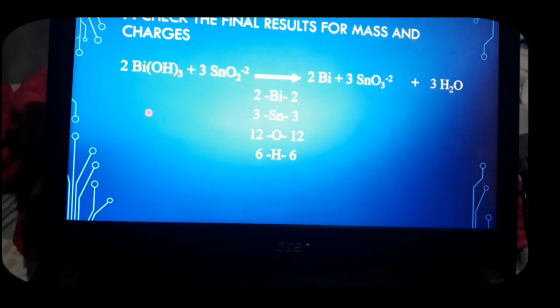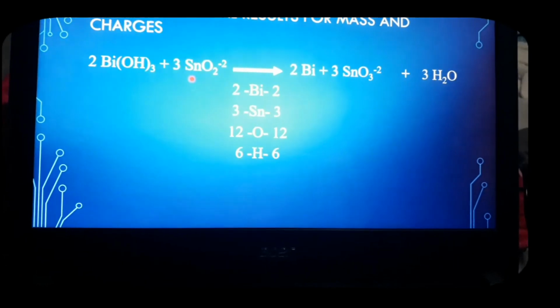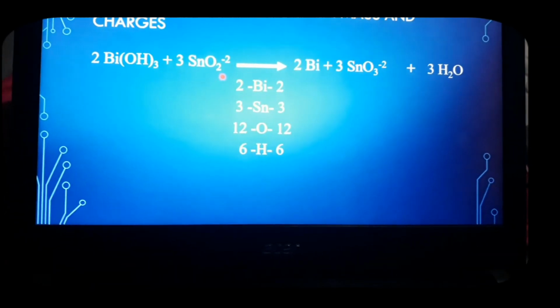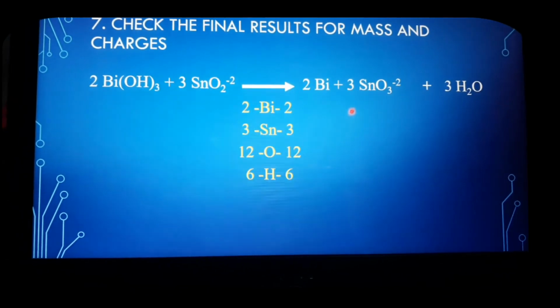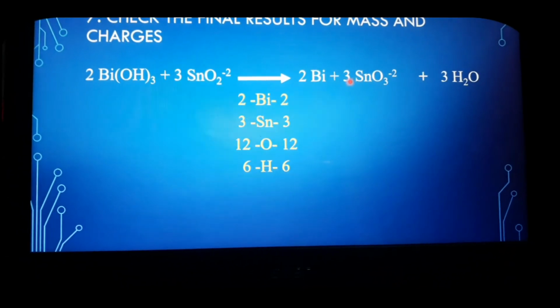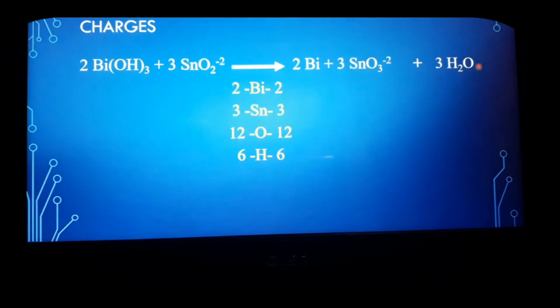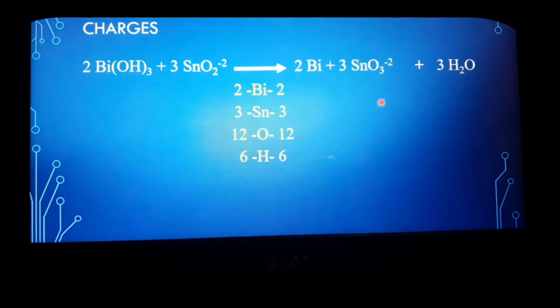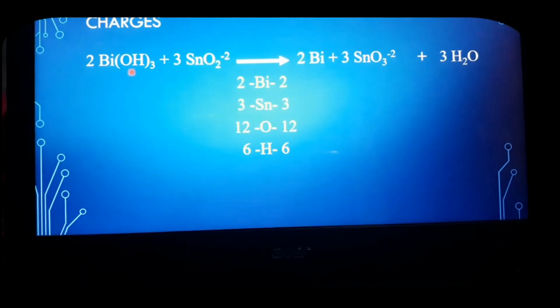Here we get 2 multiplied by 3, that is 6. Then 3 multiplied by 2, that's 6. 6 plus 6, that is 12. On the other side, we have 3 multiplied by 3, that's 9. Then we have 3 multiplied by 1, that is 3. So 3 plus 9 is 12. So the oxygen is balanced already.